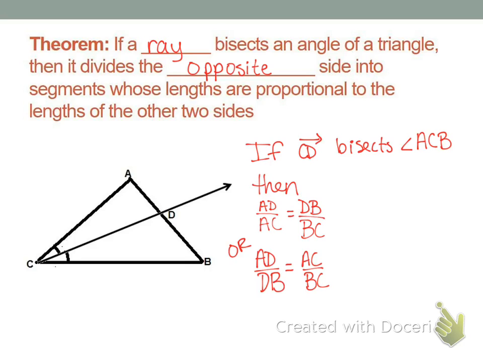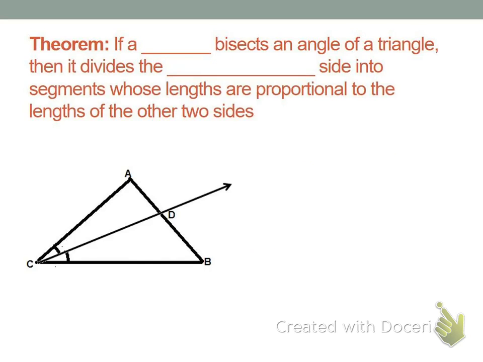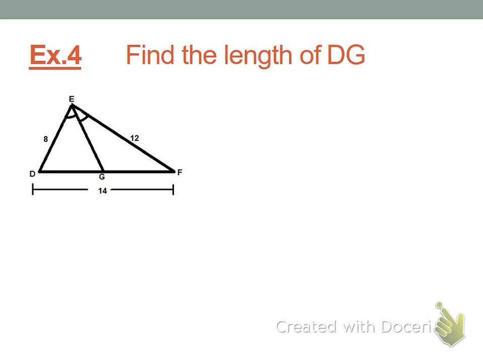So however you want to think about it, I like to think about it as this little triangle compared to this little triangle. Either way is fine with me, as long as you show me the proportion you're setting up. Questions about this theorem? Need more time to get it written down? We'll move on to our last example.